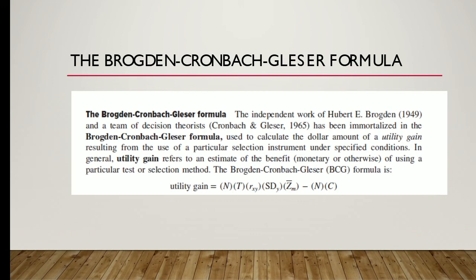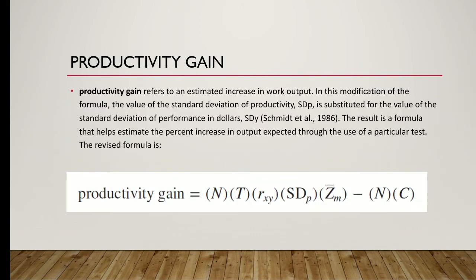That refers to an estimated increase in work output. In this modification of the formula, the value of the standard deviation of productivity, SD subscript p, is substituted for the value of the standard deviation of performance in dollars, SD subscript y. The result is a formula that helps estimate the percent increase in output expected through the use of a particular test.